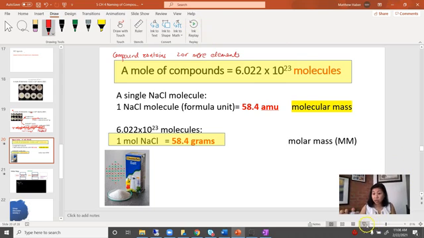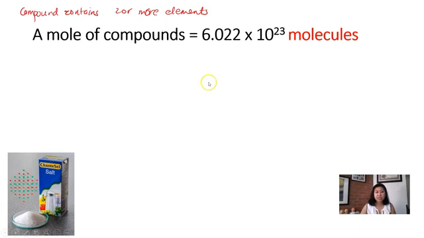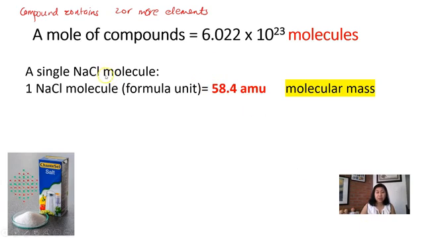Example is sodium chloride. Sodium chloride contains one sodium atom and one chlorine atom. When we're dealing with compounds, an individual compound is not called an atom. That's atoms is for elements, right? So an element copper, one tiny element copper, is basically called a copper atom, okay?